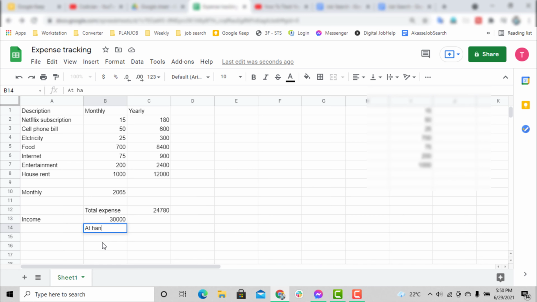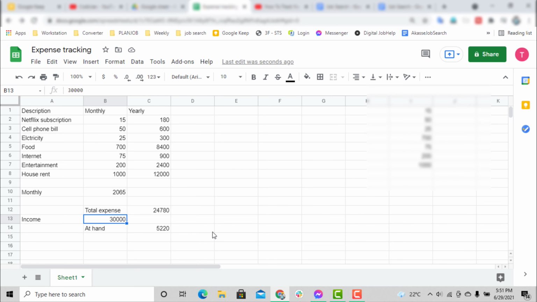At hand I can say equals this number minus this number, so this is my income, this is my expense, so income 30,000 minus, and that is in B13. Minus, this is the yearly expense or total expense, so this is C12. Just press here C12, and then you will have 5,220 in your bank account at the end of the year.